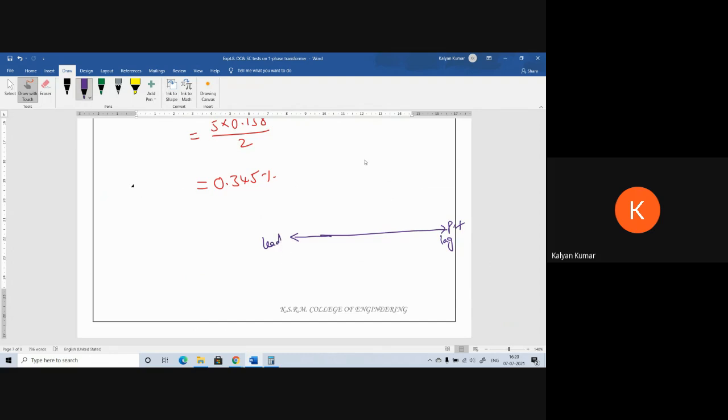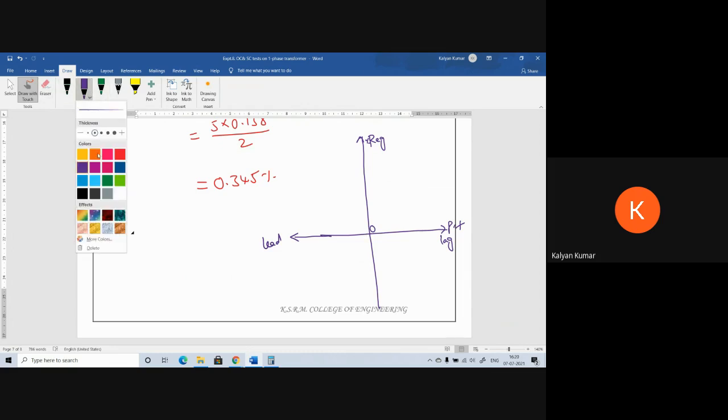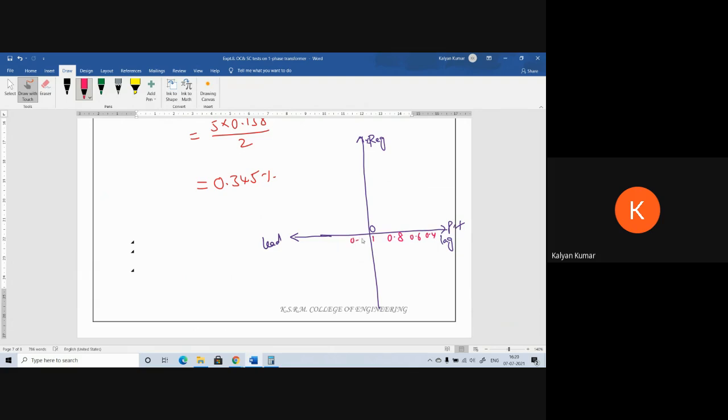Now, coming to the y-axis. On the y-axis, we are going to take percentage regulation values. For the y-axis, center is 0, but for the x-axis, the center will be 1. So 1, 0.8, 0.6, 0.4. On the leading side, again 0.8, 0.6, 0.4, like that we are going to represent the power factors.